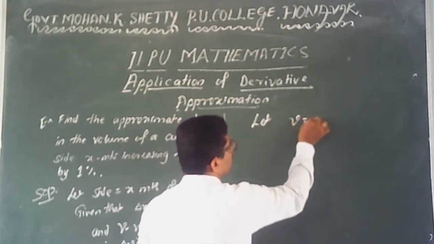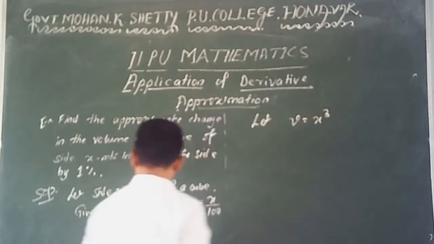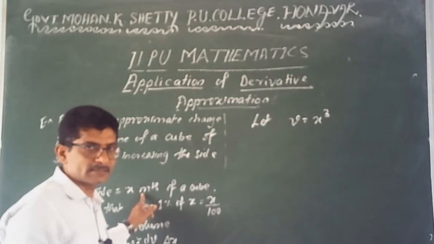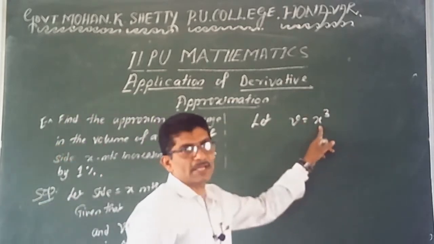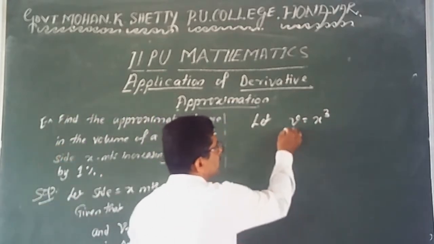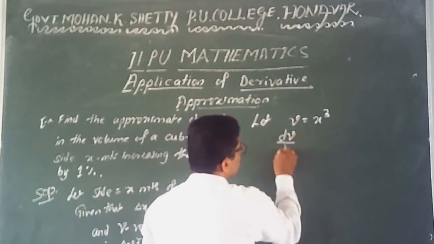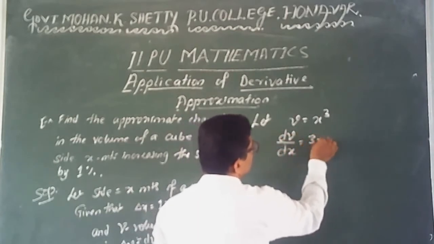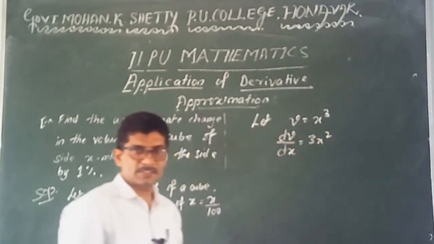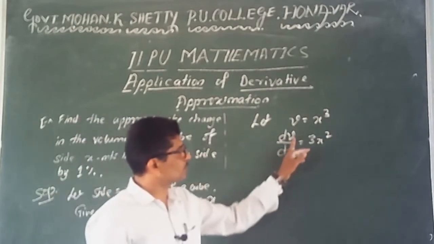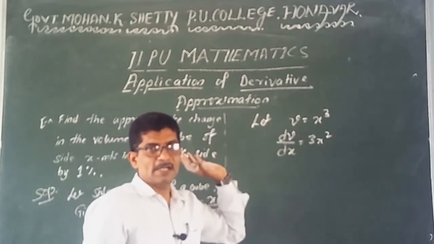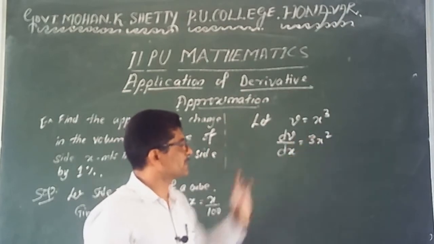The volume of a cube, when the side is x units, is x cube. Then the rate of change of volume with respect to its side is 3x square.